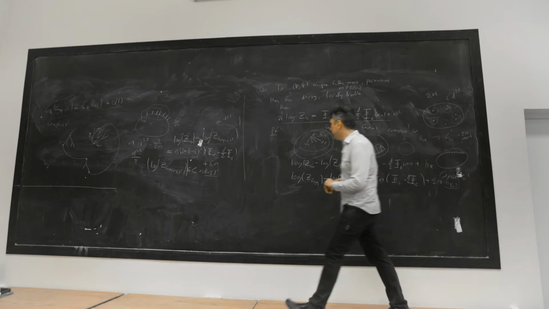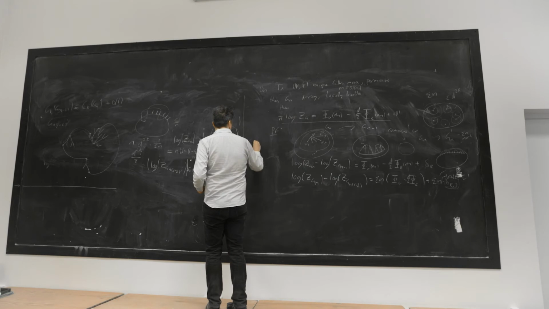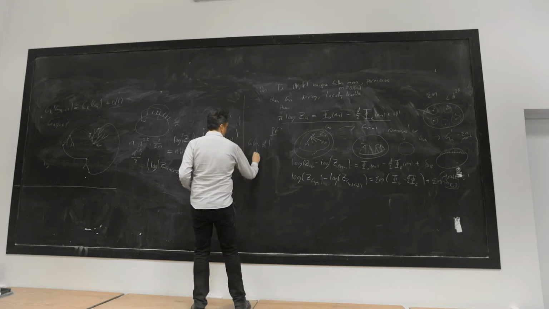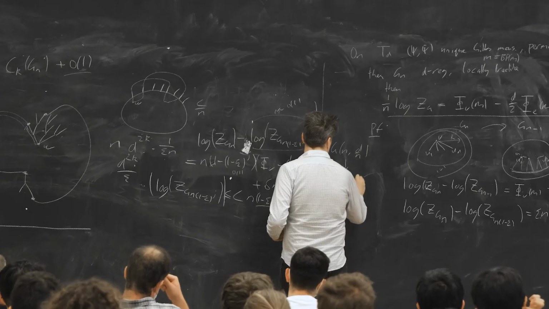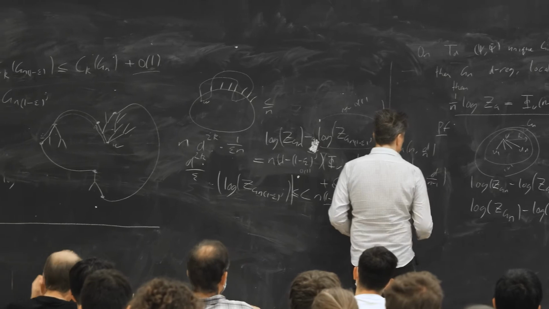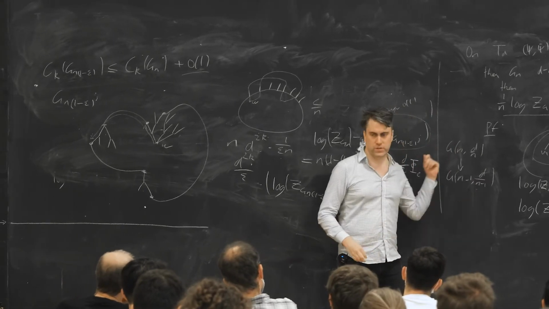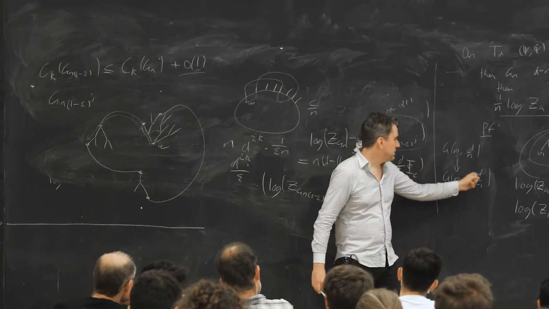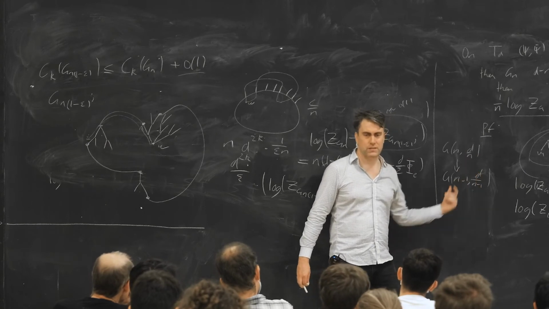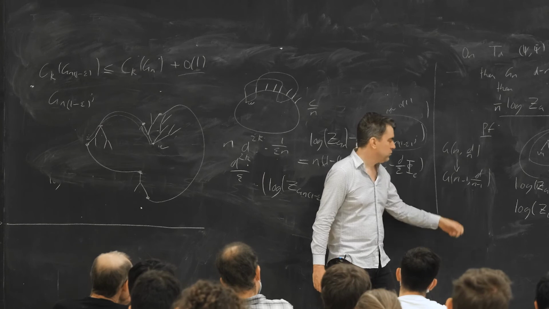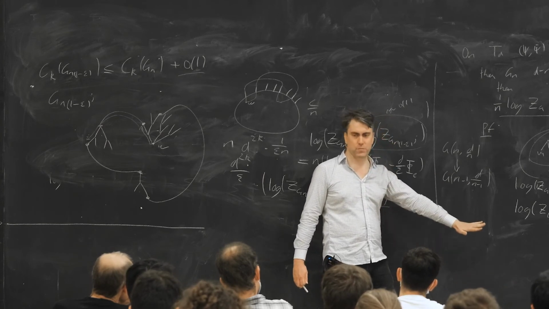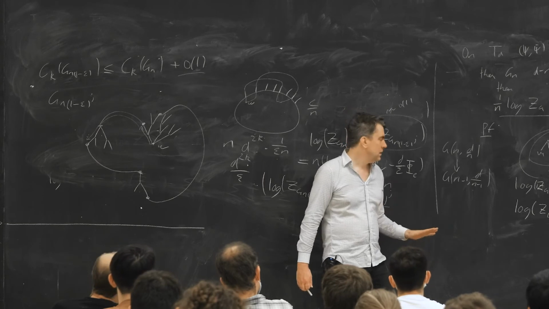If I want to go from G(n, d/n) to G(n-1, d/(n-1)), well, one thing I need to do is remove a vertex, but I also need to increase the probability of each edge slightly. So it's sort of like removing one vertex, but also throwing in a Poisson number of edges at random.